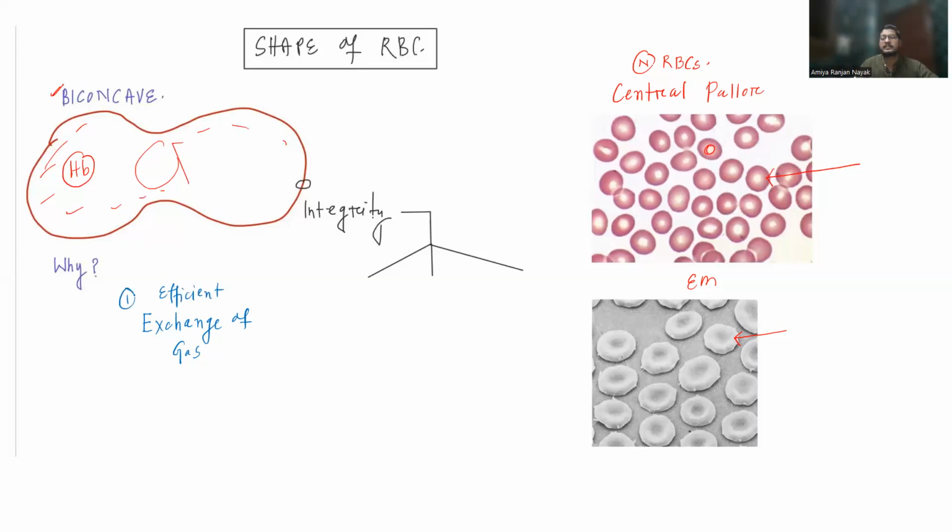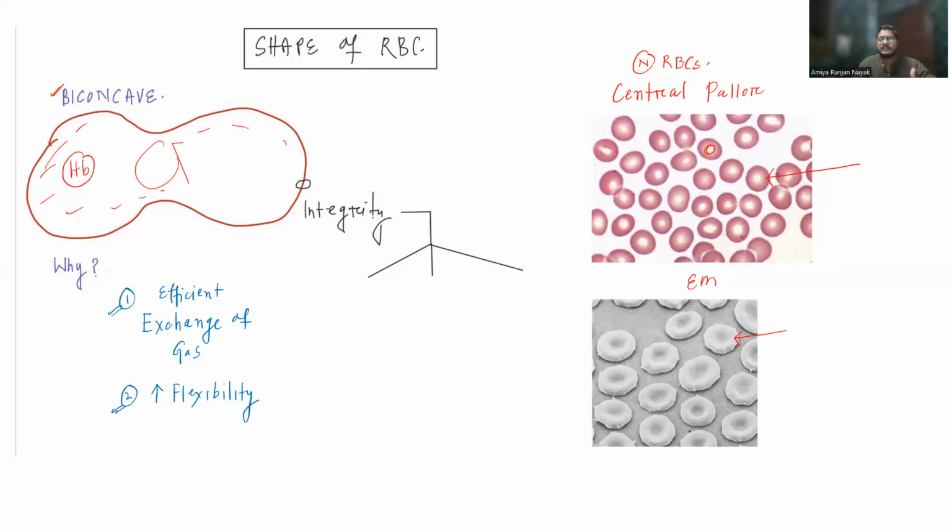And the second property is that this increased extra surface area will allow the RBCs to become more flexible. So it increases the flexibility also.